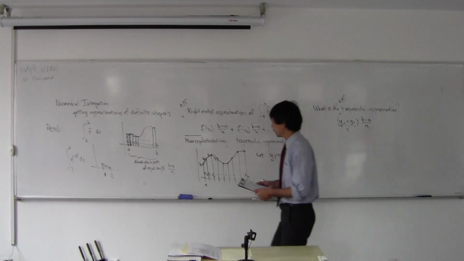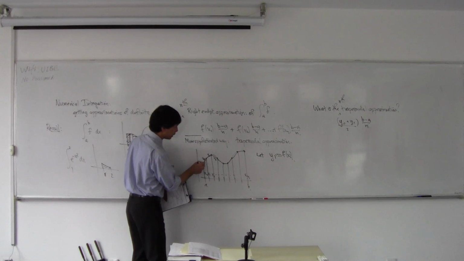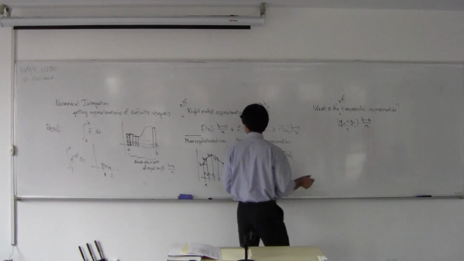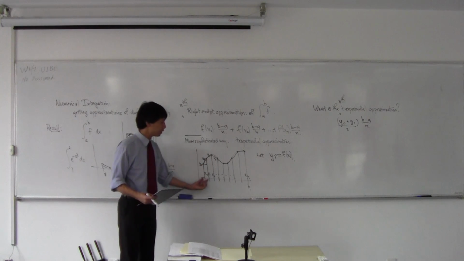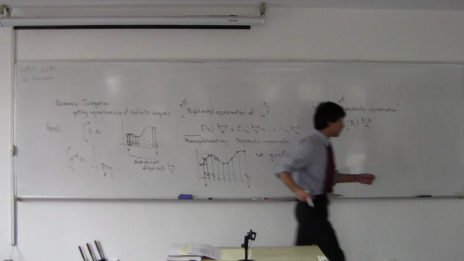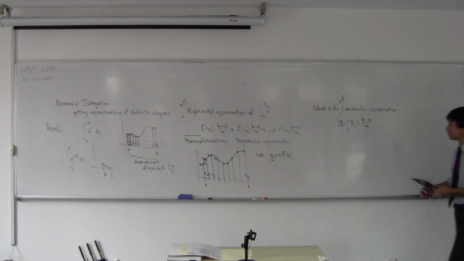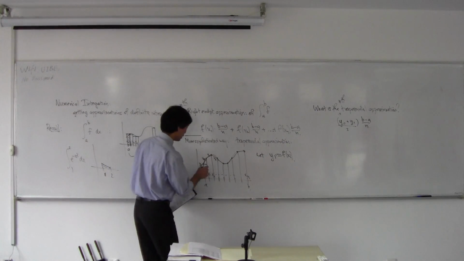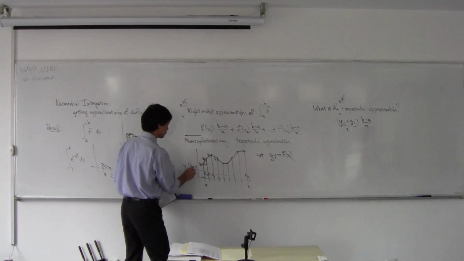Everybody see that? Right? Because you have this box. The area of the lower box is just y naught times b minus a over n, right?